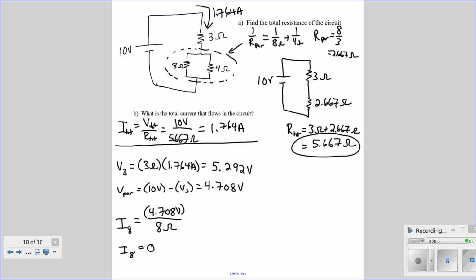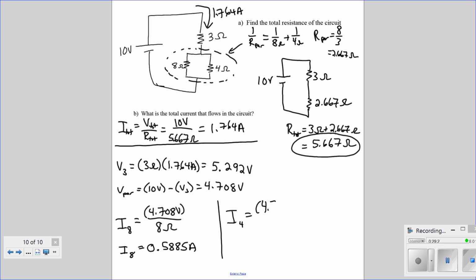Which you get 0.5885 amps. If I wanted the current through the 4 ohm resistor, the voltage across the 4 ohm resistor is also 4.708 volts. And that's the definition of things that are in parallel. They both have the same voltage across them.